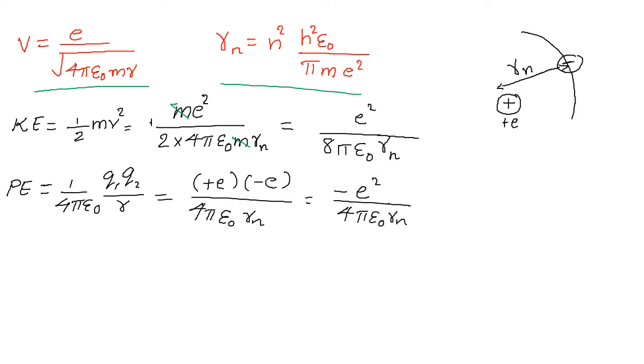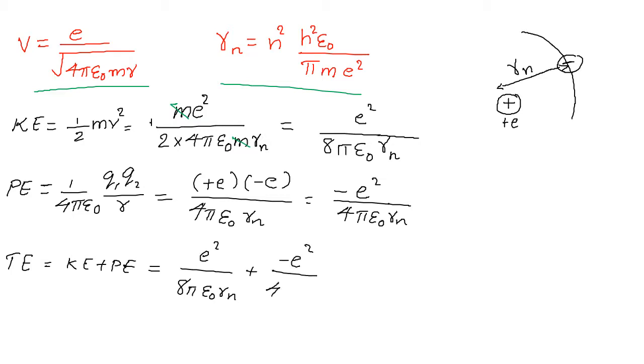Now the total energy is nothing but kinetic energy plus potential energy, correct? That is e square divided by 8 pi epsilon 0 Rn plus negative e square divided by 4 pi epsilon 0 Rn.